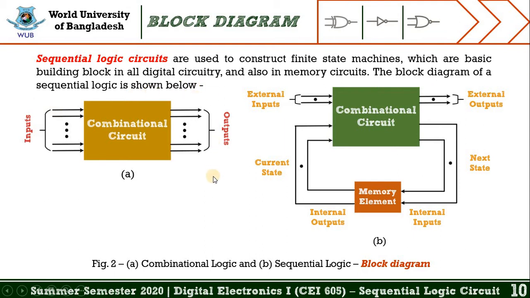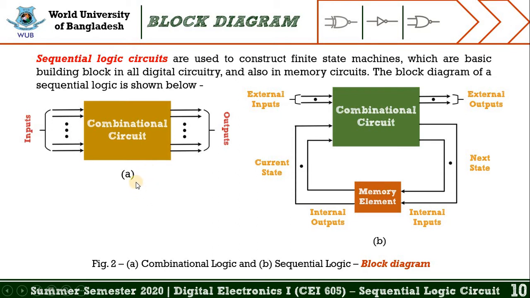As I said, this slide represents the block diagram of sequential logic circuit, but for your understanding, I have attached two block diagrams side by side. One is designated by A and another one is designated by B. Figure A represents the block diagram of combinational circuit, which you will learn or already learned from the previous lectures, but you can differentiate.